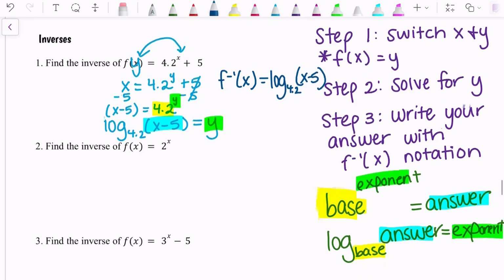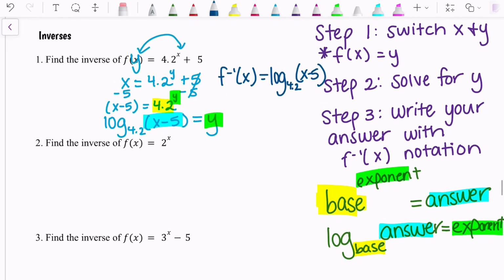All right, the second one, I have find the inverse of f of x equals 2 to the x. So I'm going to know that that's y, and then I'm going to rewrite it. X is equal to 2 to the y. And then I'm just going to switch forms. I already have the base to the exponent by itself. When I change forms, I have log base 2 of the answer is equal to the exponent.